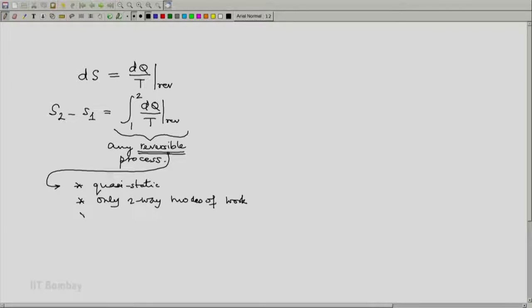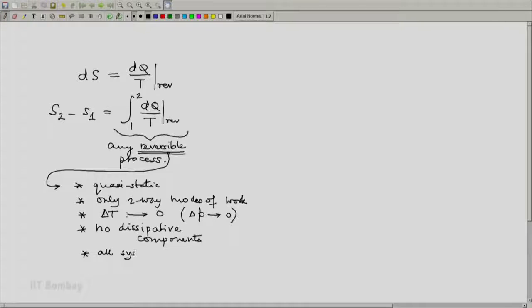If there is a heat transfer, the difference delta T between system and surroundings must be negligible, in principle 0. Similarly, quasi-static expansion means if there is an expansion, the pressure difference between the system and the neighboring system must be 0. No dissipative components.